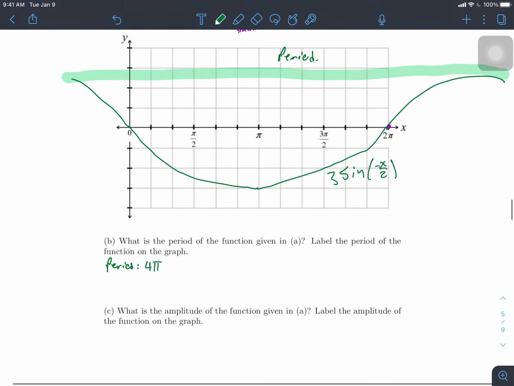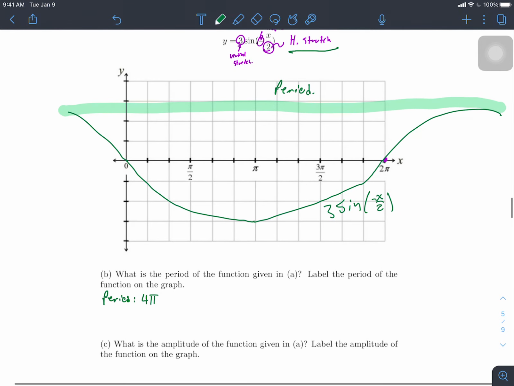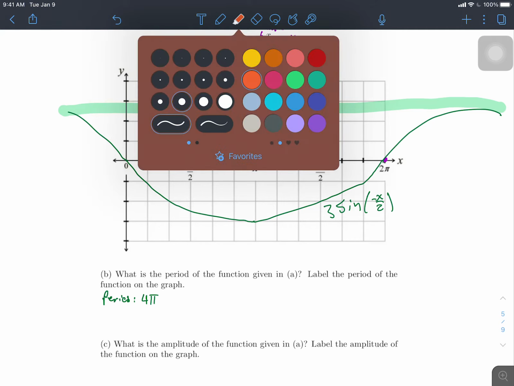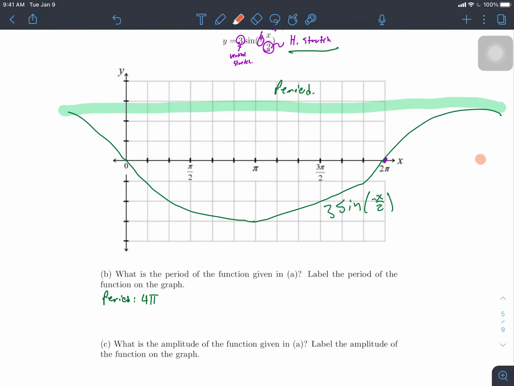Then we're supposed to find the amplitude of the function. Remember, the amplitude is the height of the wave from what I sometimes call sea level. We start on the x-axis and go up until we hit our wave, and this is our amplitude. You can also see it here: how tall the wave is and how deep the wave is.